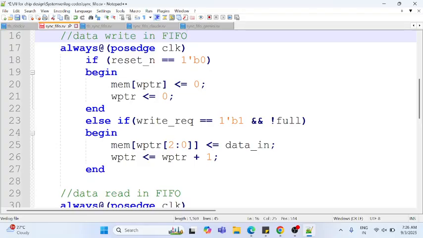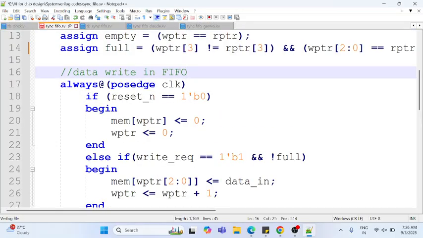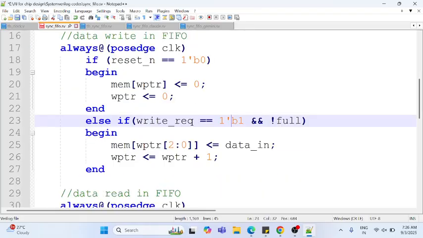Else, if write request equal to 1, when are you going to write the data into the FIFO? Only if write request is equal to 1 and it is not full, you can write the data. That means if full is equal to 0 and write request equal to 1, then only you can write the data.